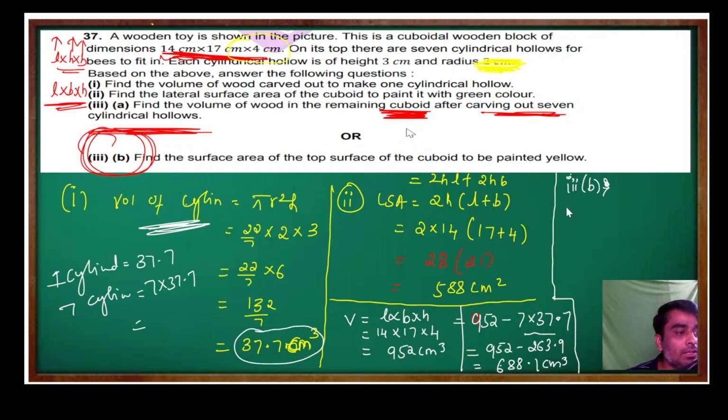Surface area formula, surface area of the top surface. Surface area of top, that means it is a rectangle, L into B. So what is L? 14. What is B? 17. Finish. 14 into 17, 238 cm square. That's all.